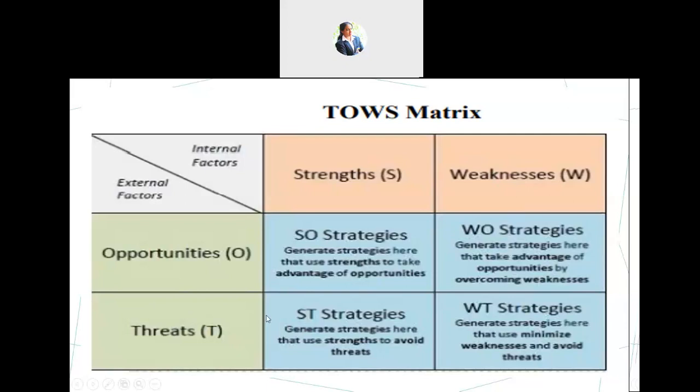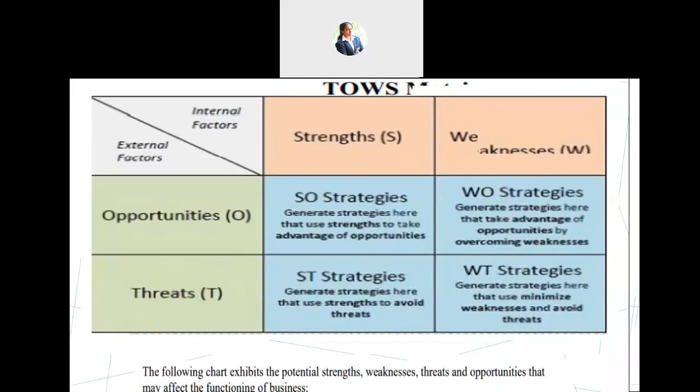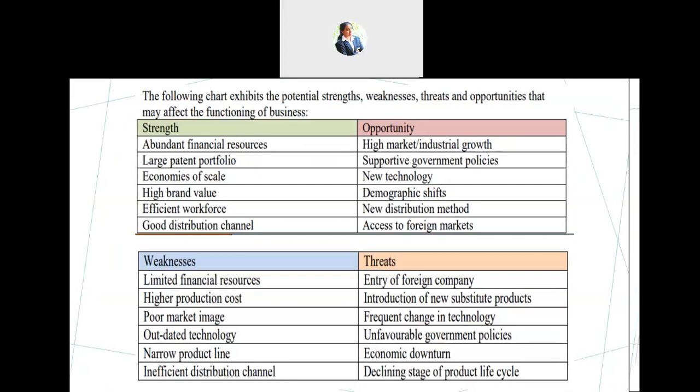Now there are some elements which exhibit the potential strengths, weaknesses, threats and opportunities in general which might affect the functioning of the business. Now strength can be abundant financial resources, or if it has a very big patent portfolio.